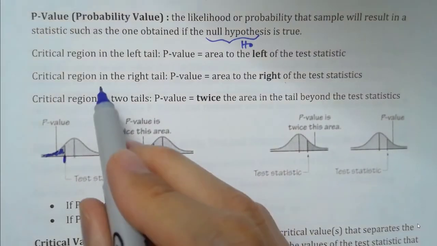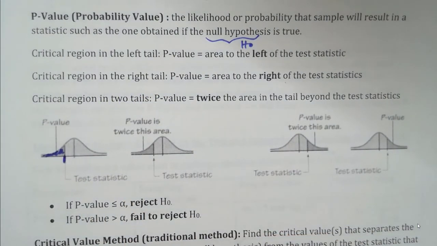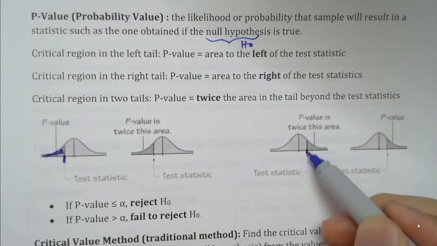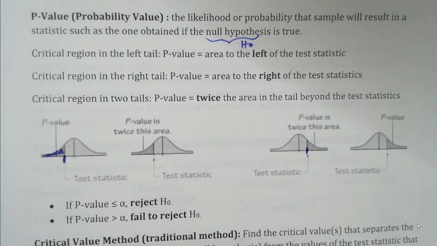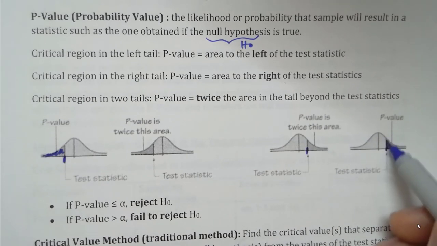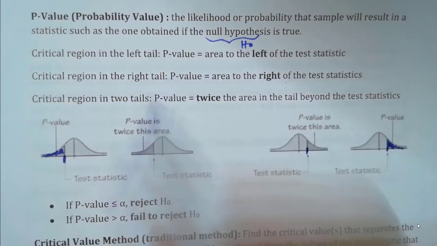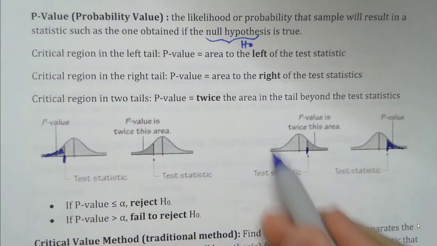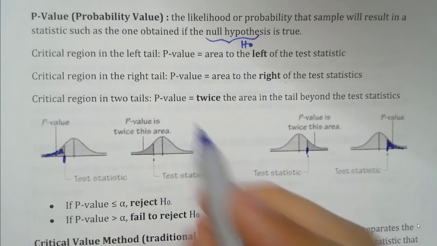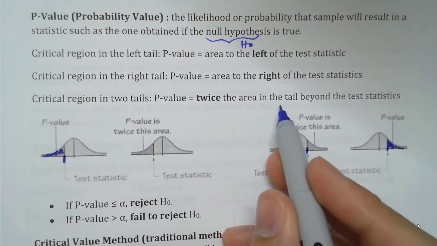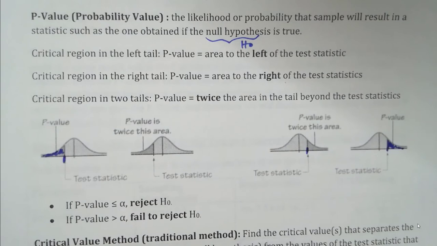The critical region in the right tail is right here. So the p-value is the area to the right of the test statistic. Well, you can see here, to the right. Or the case of the two tails, the p-value is twice the area in the tails beyond the test statistic.